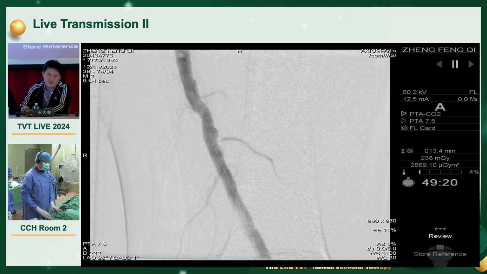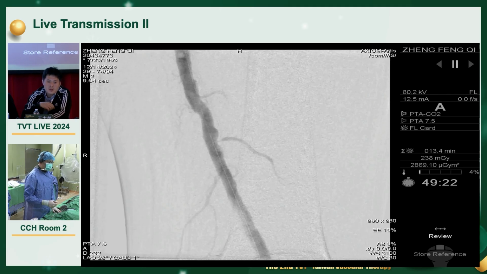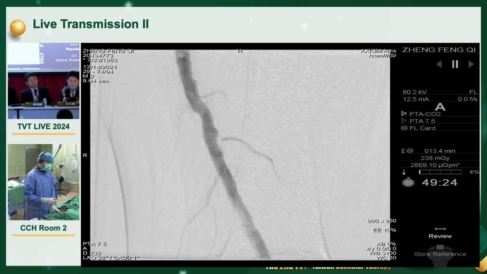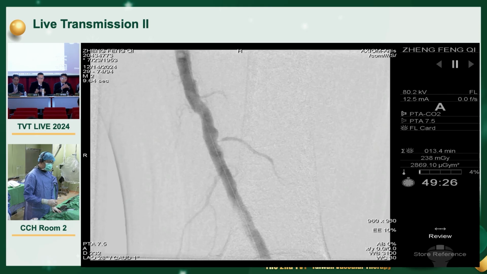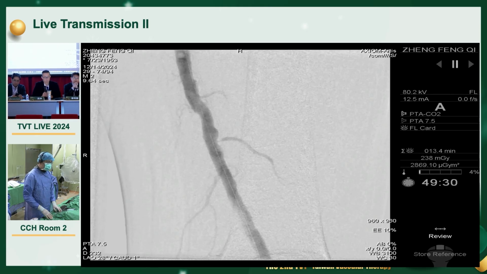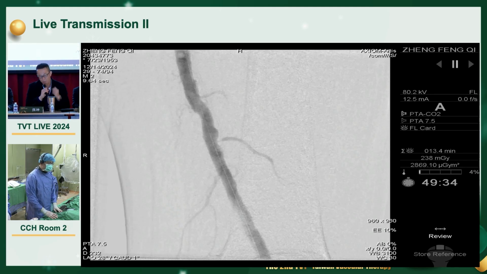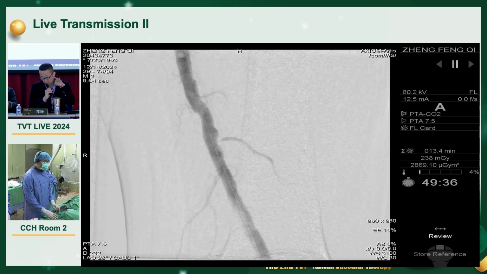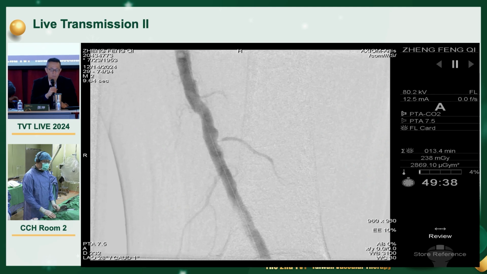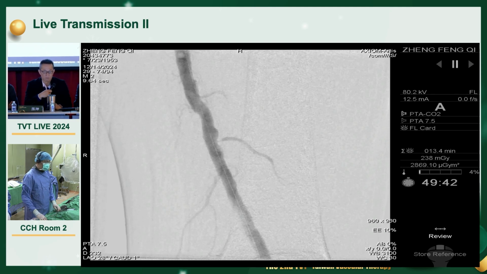I have no experience with CO2 angiography in the vein, but I think it's difficult because the venous flow is slower and the volume is bigger. So in most cases the image quality is maybe not as good as in the artery.